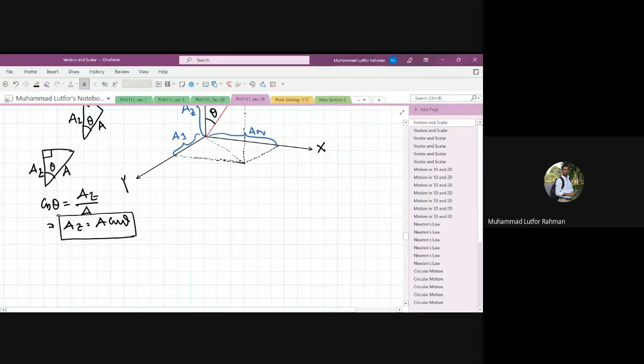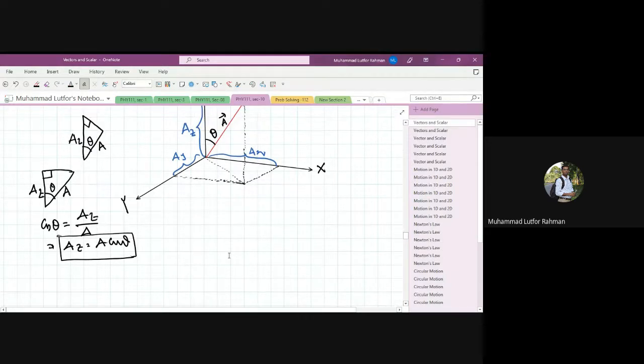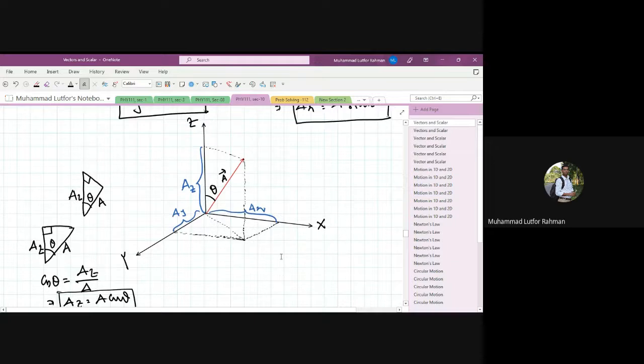And this vector A would be basically AX i hat plus AY j hat plus AZ k hat, right?